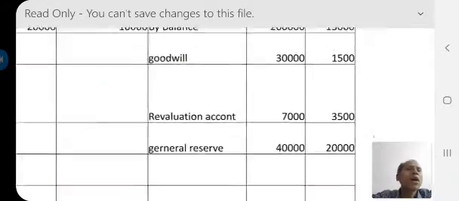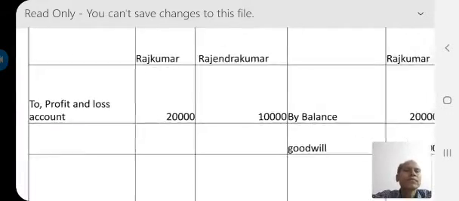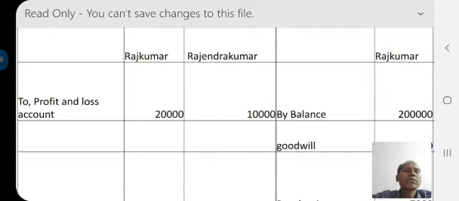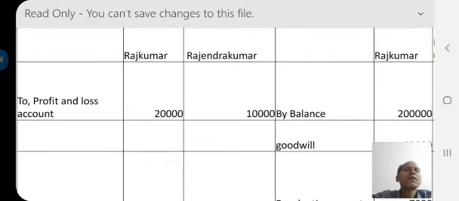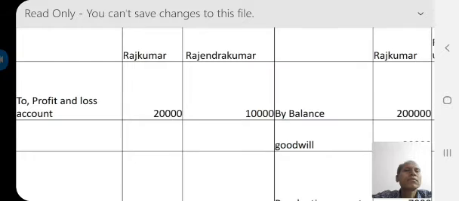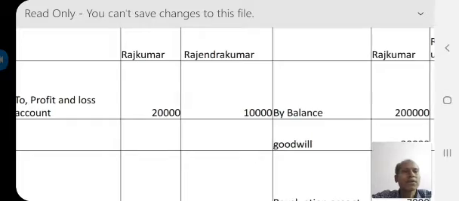Yes. Now, if we see the debit side, 20,000, 10,000 are appearing. This is the loss which is borne by the old partners in their old ratio, that is sacrificing ratio. So 20,000, 10,000.